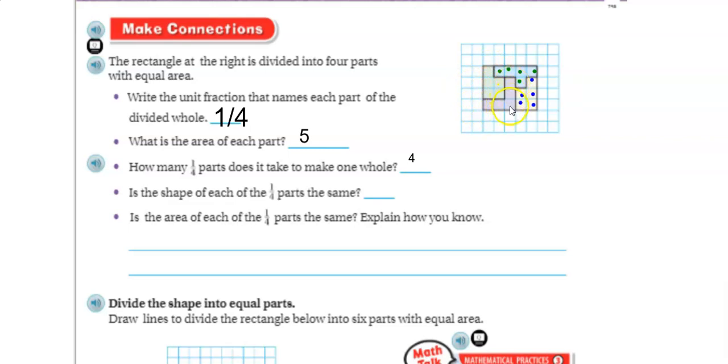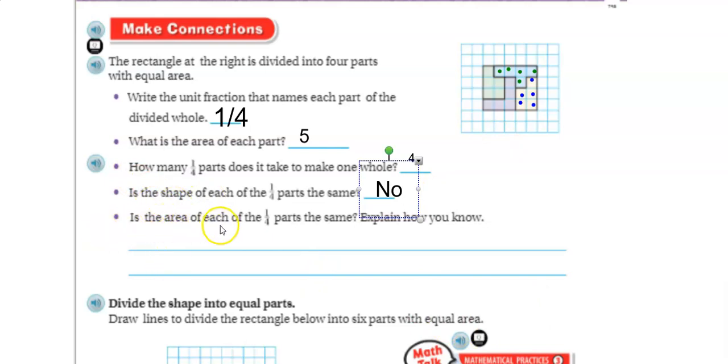This looks like an L. I don't know what these ones look like. Okay, but you can tell that they're arranged differently. So that would be an absolute no. Now, if it says same size, the area, yes, they are 5, but it says shape. So the shape is the key word there.